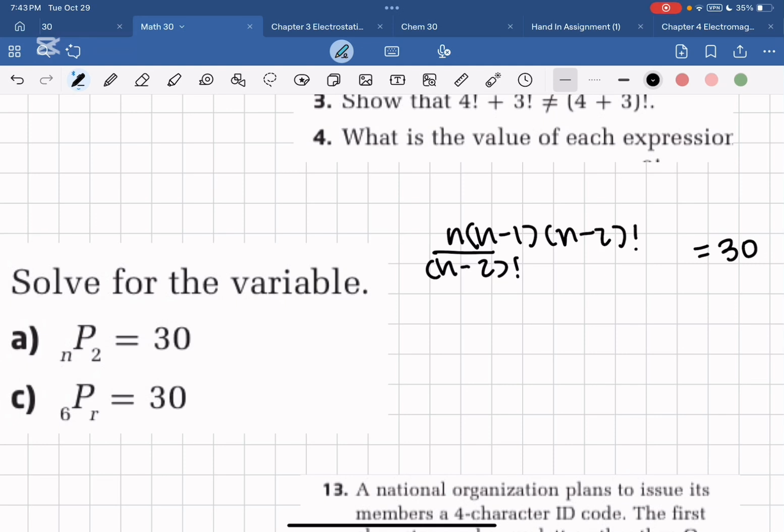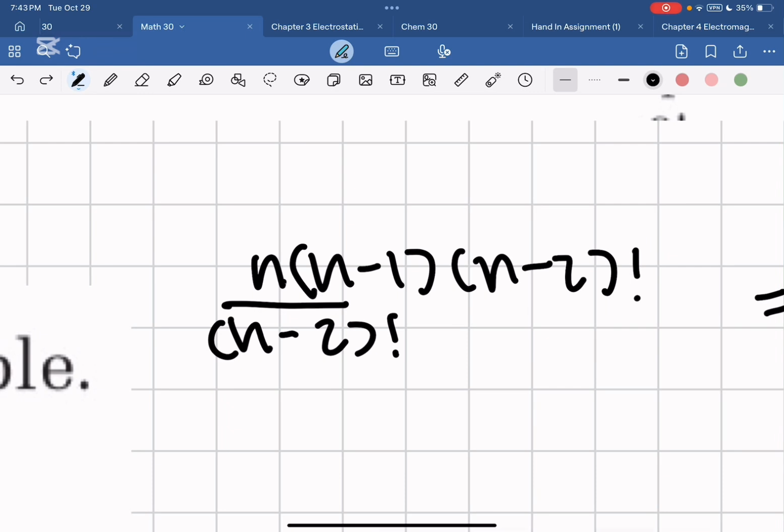We know that n has numbers below it, but we don't know what n is yet. So let's make up a number: 4 factorial can be simplified to 4 times 3 factorial, or it can be simplified to 4 times 3 times 2 factorial. That's what we're doing here.